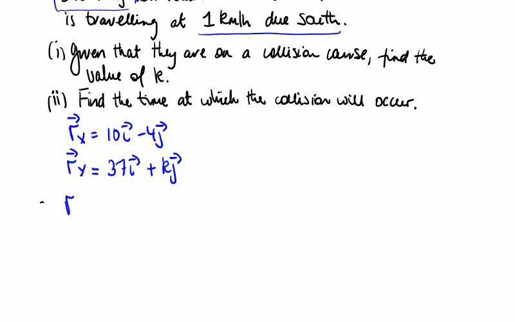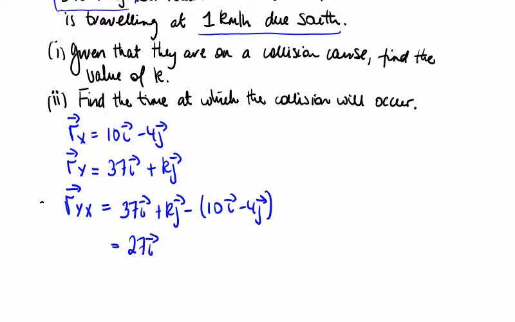So the relative position of X with respect to Y, or Y with respect to X, it doesn't really matter, is going to be 37i plus kj, just trying to make them positive here, minus 10i minus 4j.